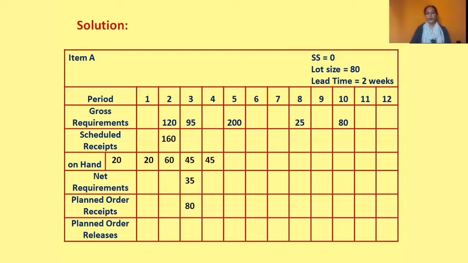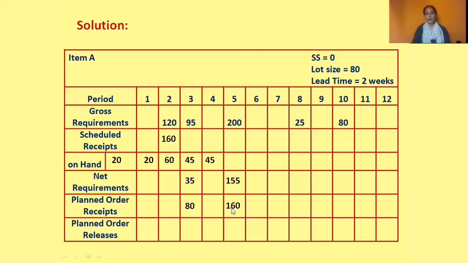So the net requirement would be 200 minus 45, it is 155. So now again we need to receive some order here. How much will we receive? In one order we can receive only 80 units. So that means we need to place two orders here, and that way we are able to draw 160 units. So now we will have a total of 160 plus 45.